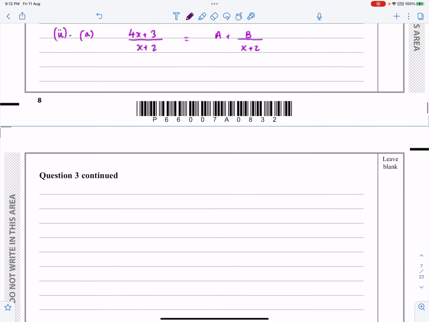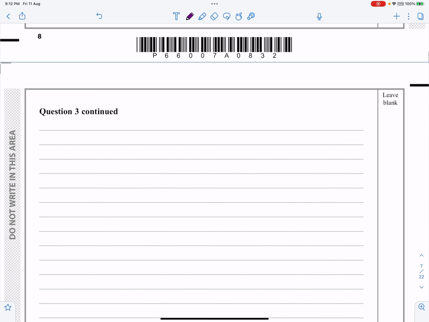And the simplest way to do that is to do the algebraic long division. Okay, so we're saying 4x plus 3. How many times does x plus 2 go into 4x plus 3? So when we're doing those, we say how many times does x go into 4x?